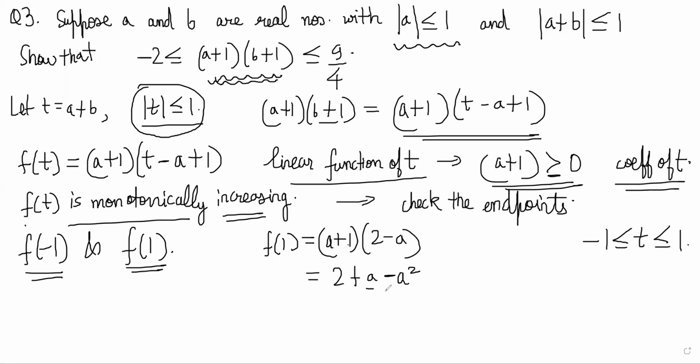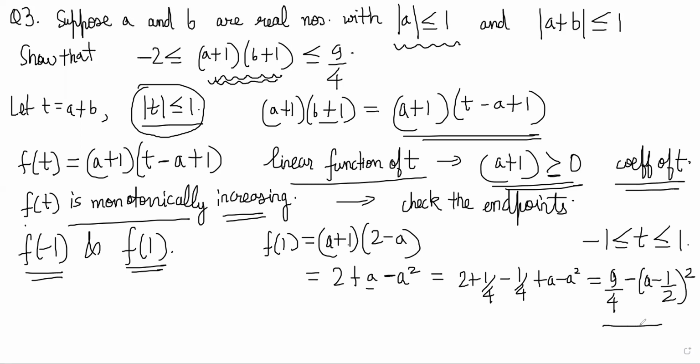So 2a minus a becomes a, yeah, this is correct. So this can be written as 2 plus 1 by 4 minus 1 by 4 plus a minus a square, which can be written as 9 by 4 minus a minus half whole square, right? So we are getting f of 1 is less than or equal to 9 by 4.